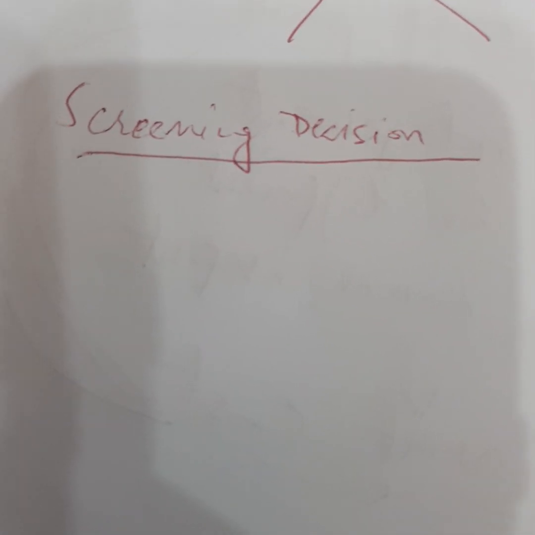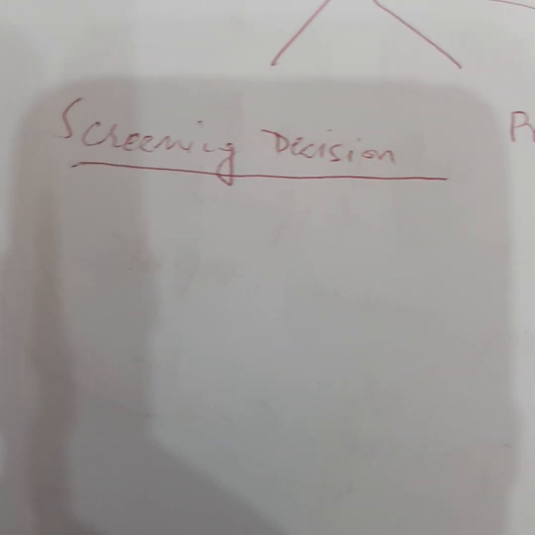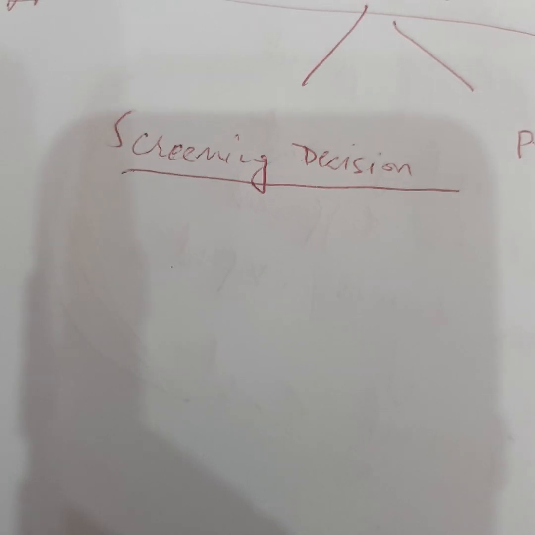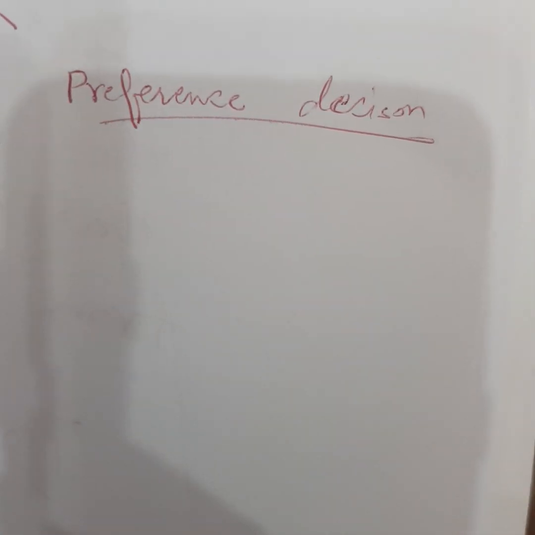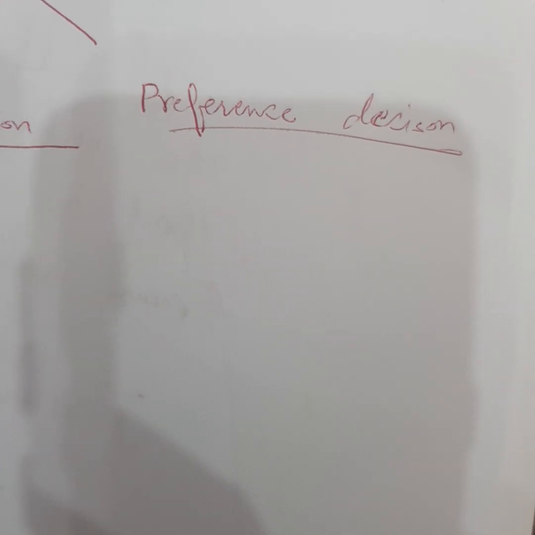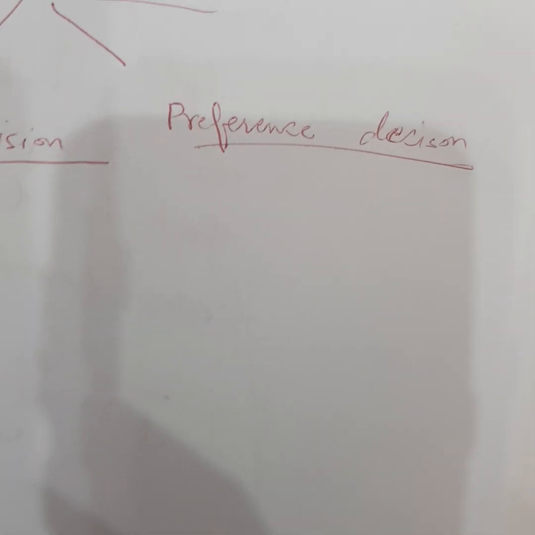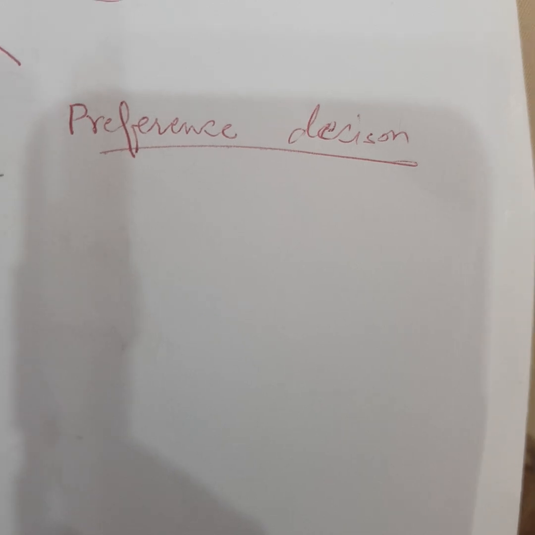In the screening phase, the manager will propose a machine and see its hurdles and consequences. But in the preference decision, the manager will select among the alternative machines the one that is beneficial for the organization, and the more efficient one will be preferred.